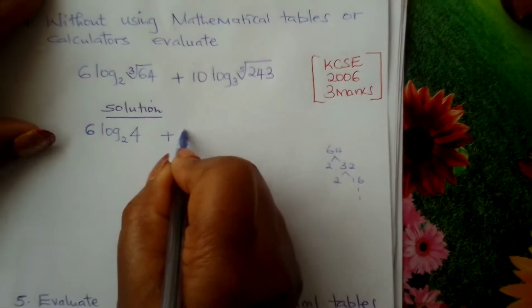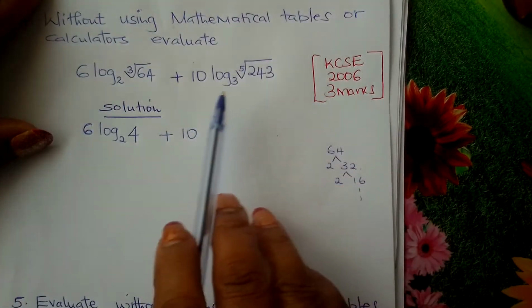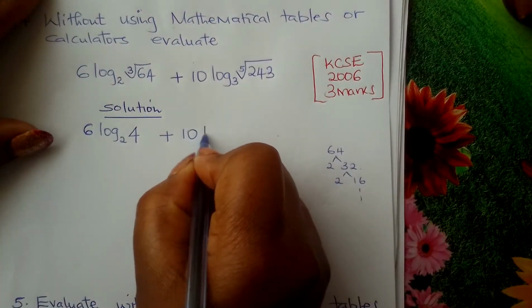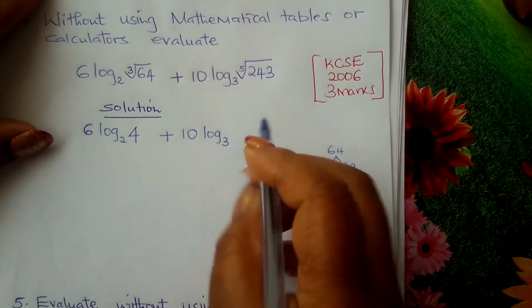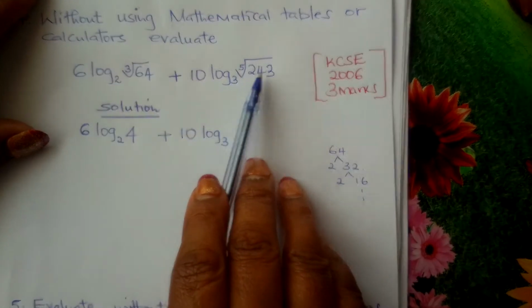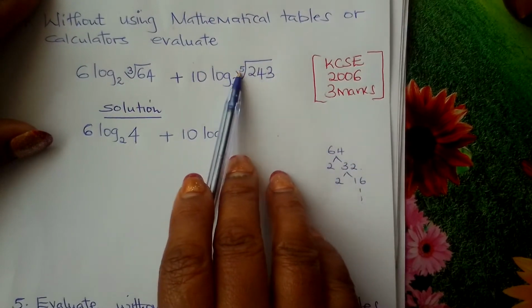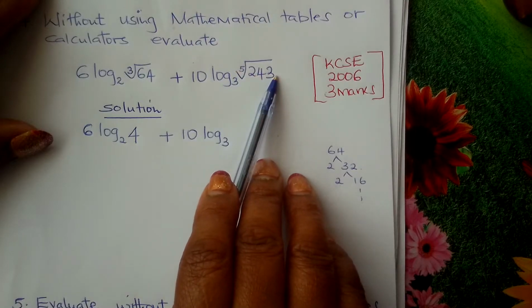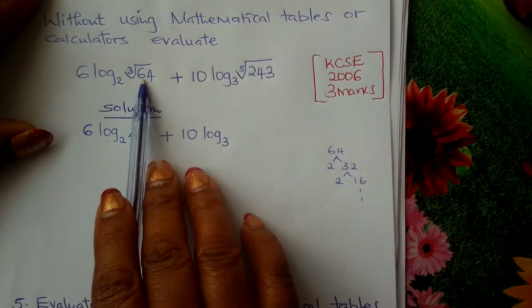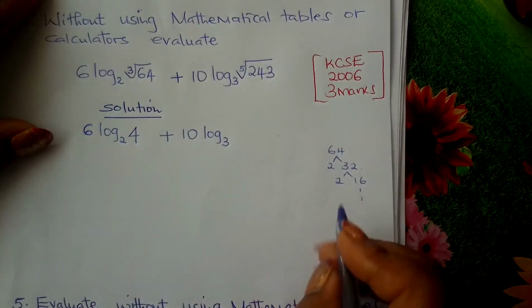Then you say plus 10 log to base 3 of fifth root of 243. How do you find the fifth root of 243 without using a calculator? Again, just like I've guided you here, you do the same.